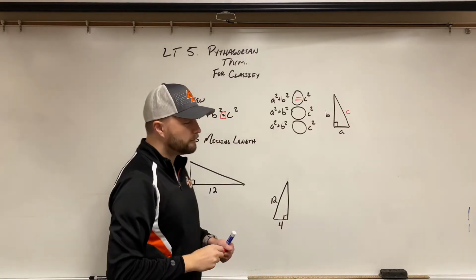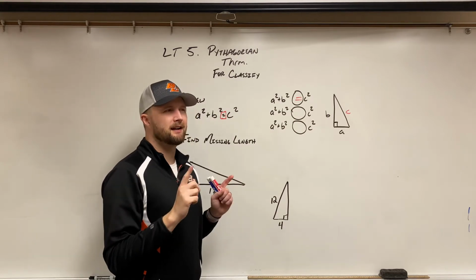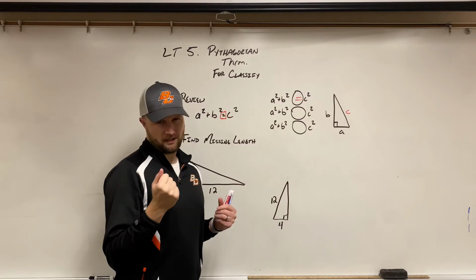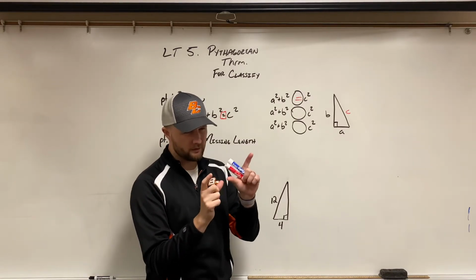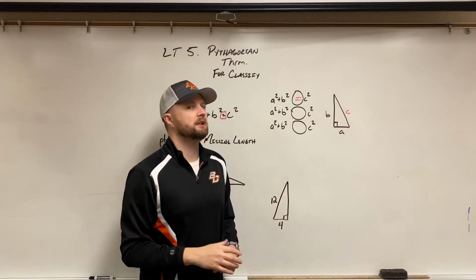Well, what if you tried it not on right triangles, but on any triangle? You took whatever the two shortest sides were, squared them, added them, and just saw if they equaled c squared.